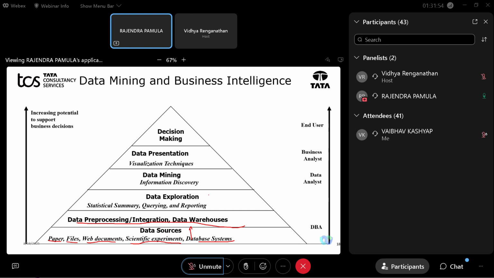And then we use exploration. And finally, we have the major engine, which we call data mining. We say that the data analysts understand what the data mining engine is.